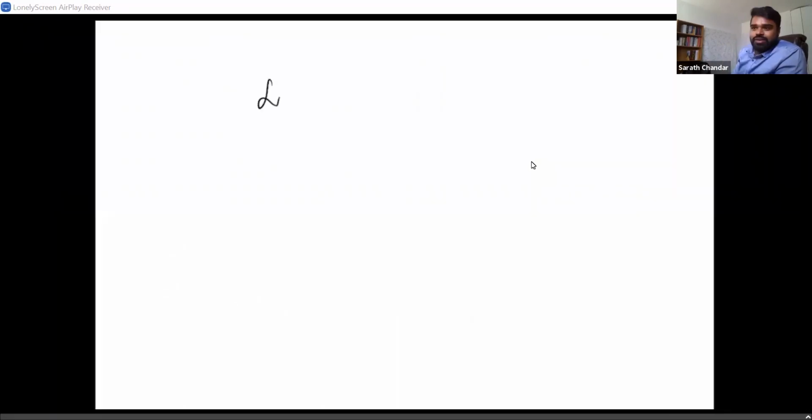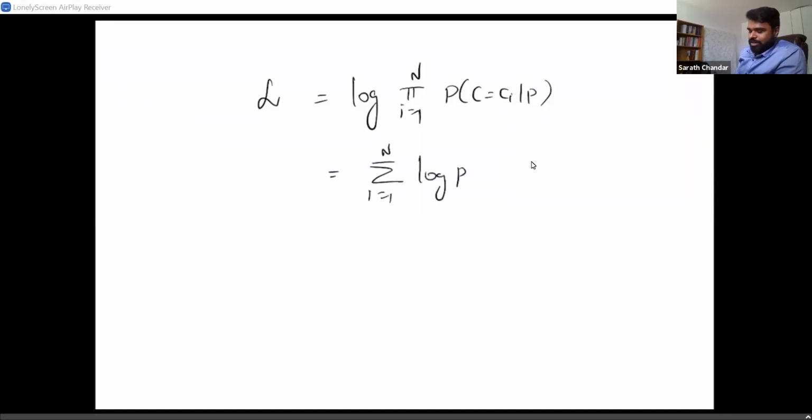So the log likelihood is given by log of product of i is equal to 1 to capital N, probability C is equal to Ci given P. Okay, now this is equal to summation over i is equal to 1 to capital N log probability of C is equal to Ci given P, right? Now I can expand this.